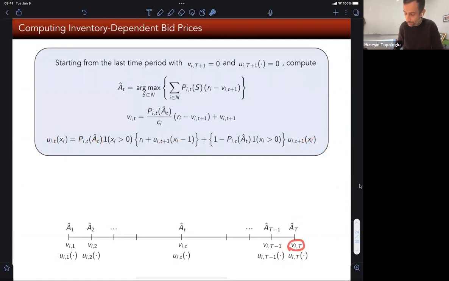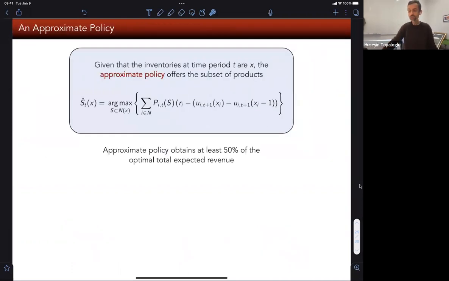I know my time-dependent bid prices at the last time period. So compute your ideal assortment at time period T minus 1, and then you keep on walking backwards to compute all these time and capacity-dependent bid prices hand in hand. So once we compute these capacity-dependent bid prices, what is our approximate policy going to look like?